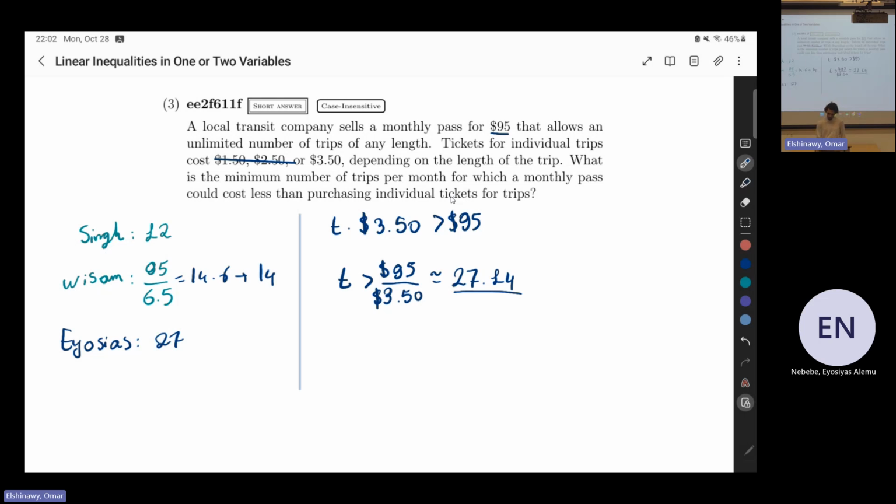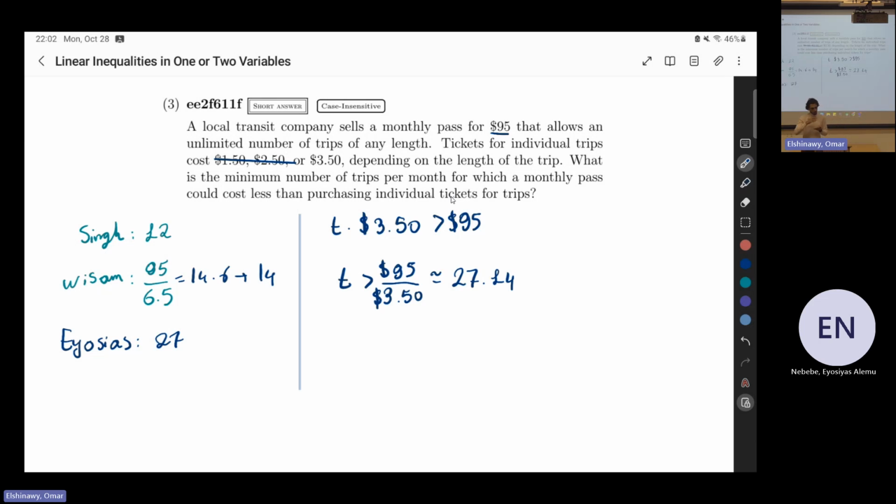It's not the total. The total price of the pass is $95. So you divide the $95 by $3.5, and you get 27.14 trips. So you need 27.14 trips to get exactly to $95.